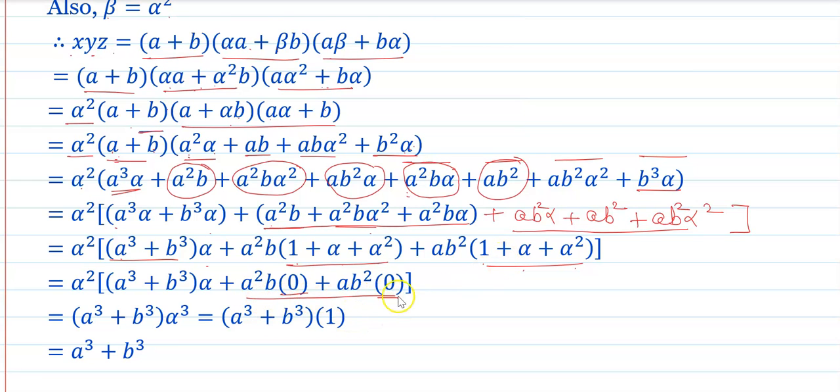Overall, this term will become 0. And hence, next, alpha square into alpha, you will get alpha cube. The value of omega cube is 1, similarly alpha cube is 1, and hence A cube plus B cube into 1, you will get A cube plus B cube, and hence the result is proved.